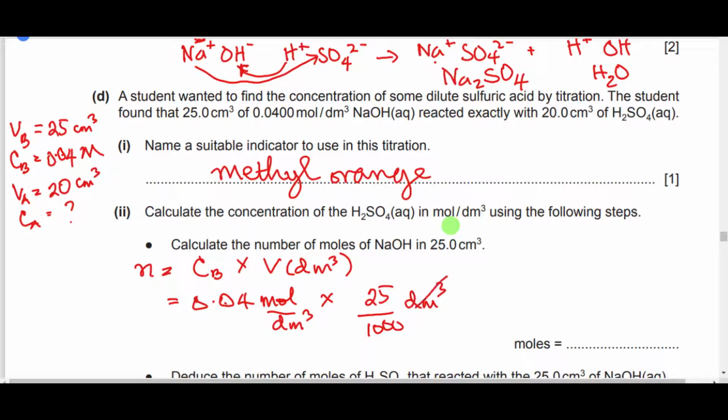So this will cancel out, and we are left with 0.04 times 25 all over 1000. That gives us 0.001 mole, right?